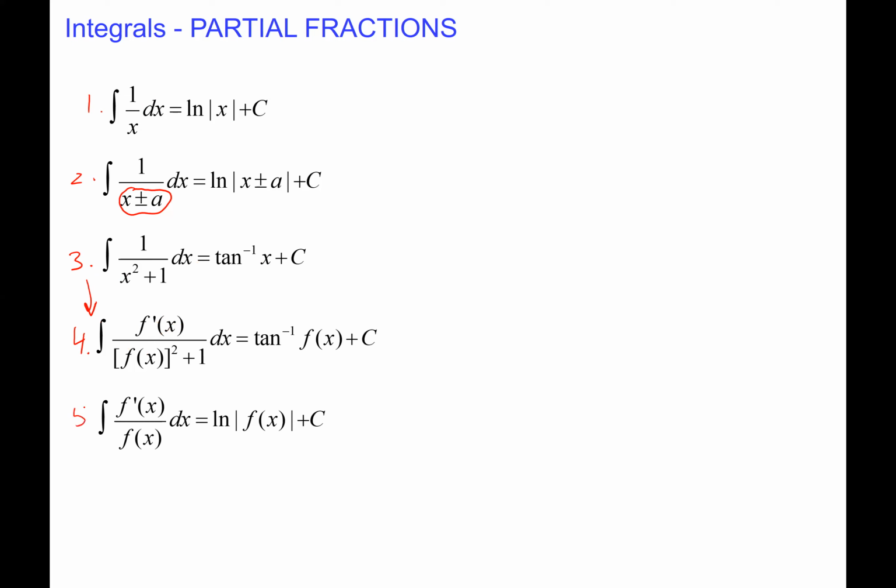Number 5 also includes an inner function, and it's the more complex form of number 1. We can still say natural log of the denominator, but we have to see the derivative of the denominator. And the U substitution, of course, will work, or if you remember formula number 5, it's still fine.